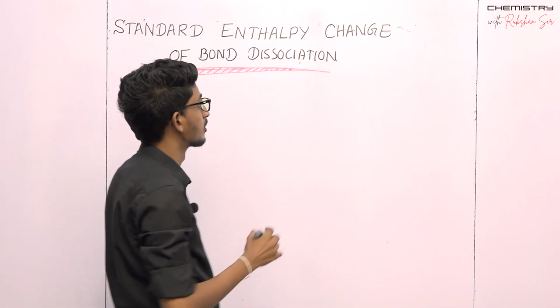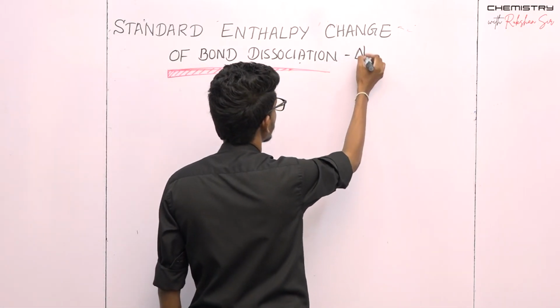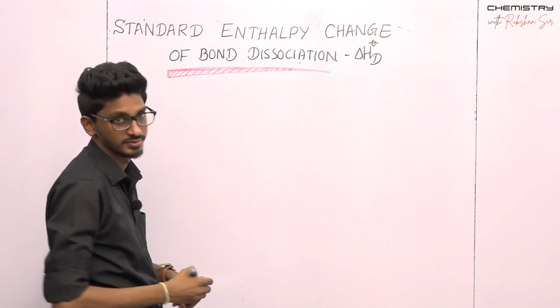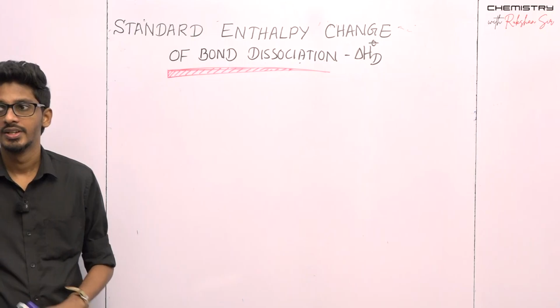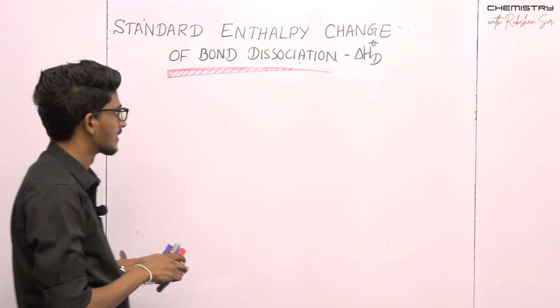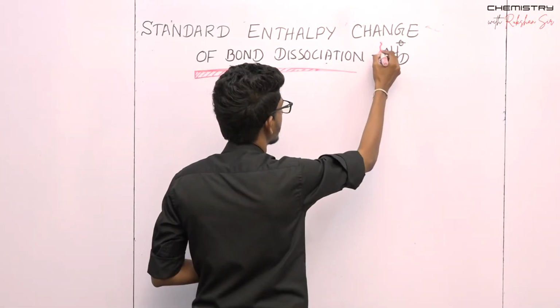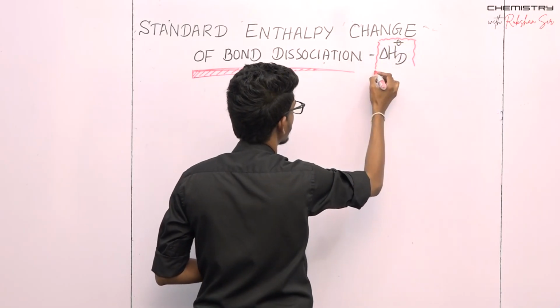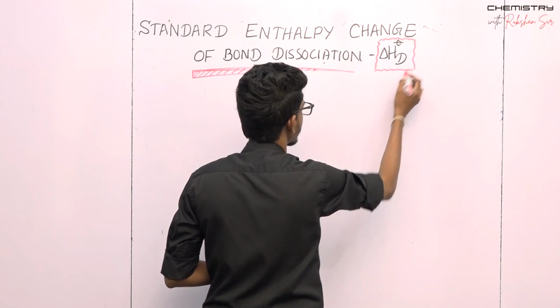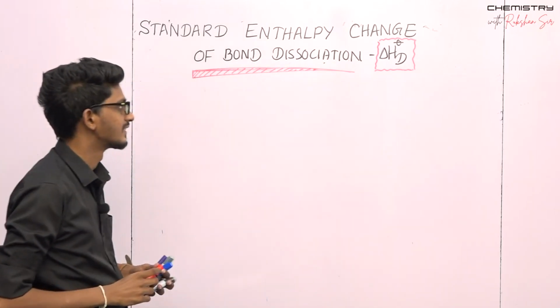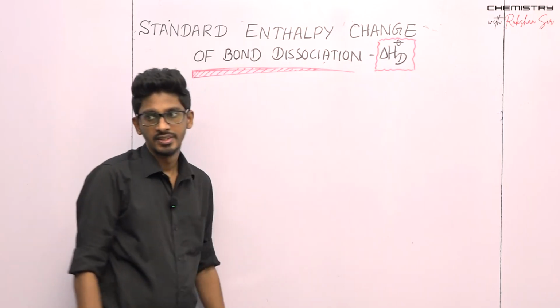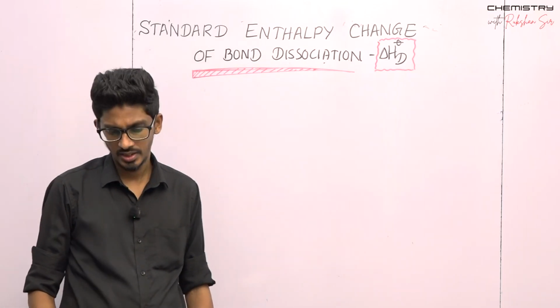It is known as delta H dissociation, or delta H D. So let's discuss this delta H D thing, the change of bond dissociation. With that term dissociation, they have symbolized this thing as delta H D, right?